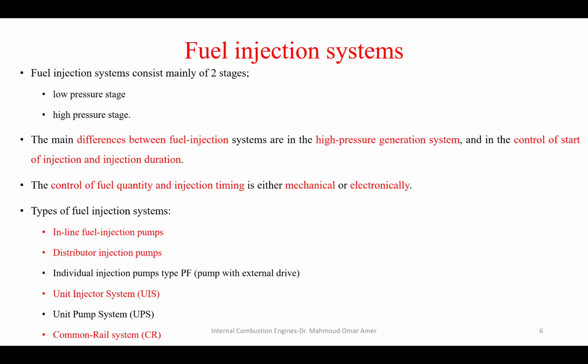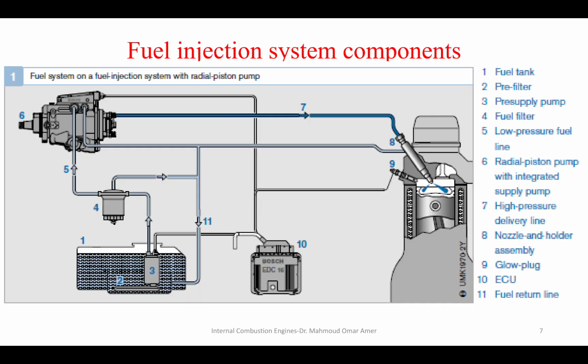But the main difference is how they generate the high pressure. The control of fuel quantity and the injection timing can be done either mechanically or electronically. You will see in these systems how it can be done.